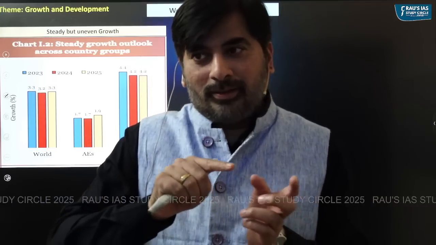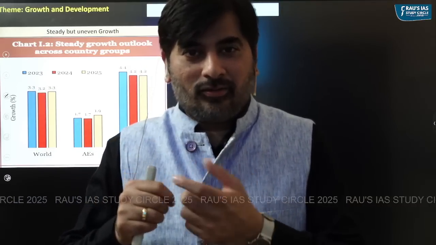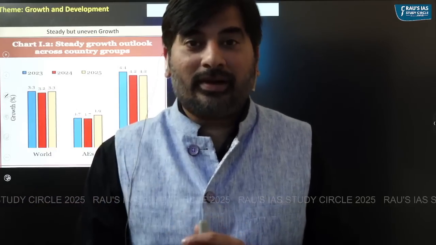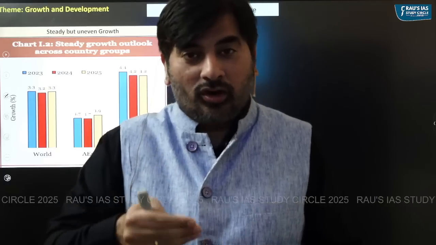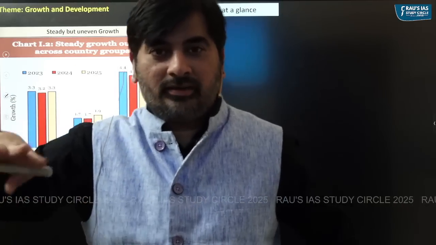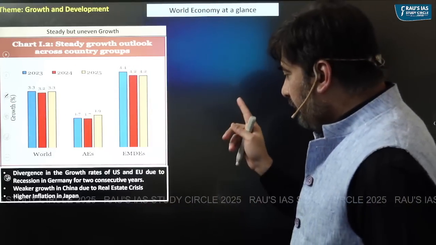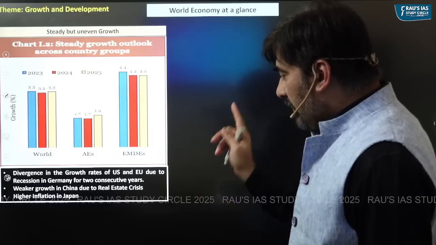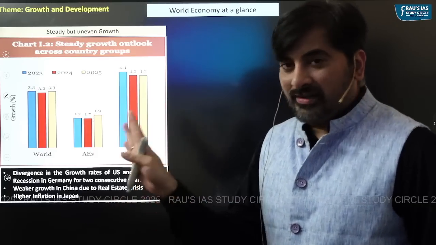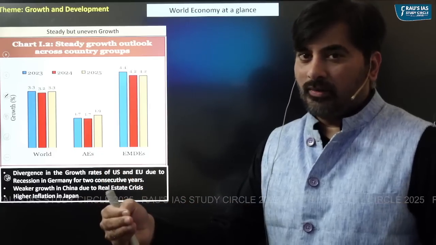But now the problem in Japan in the last 1 year has got reversed, wherein the problem which Japan is facing is not deflation, rather it is facing inflation, increase in prices, and that has caused problem for the Japanese economy. So if you think of the big economies, we are facing problems in Germany, China as well as Japan. What are these problems? We will get into it in the next part.